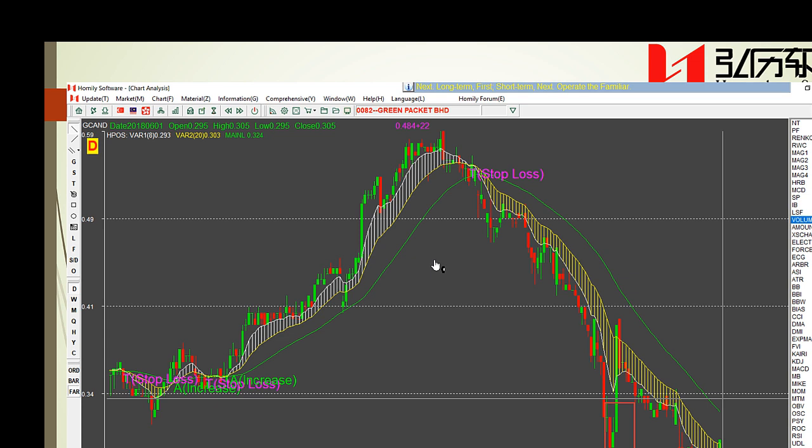If we had bought it here, we can see this candlestick is a buy point, and here is also a buy point. So it will be a low price, the same as this point. We can buy it at a low price, and then the price will continue to push up.